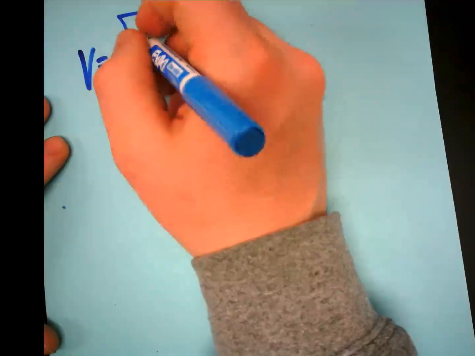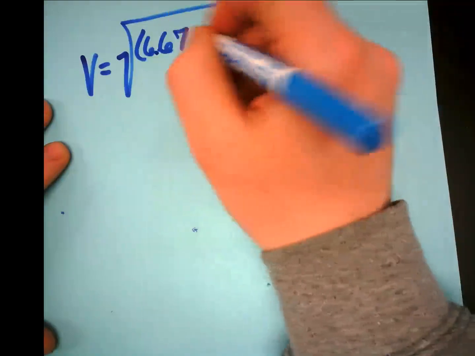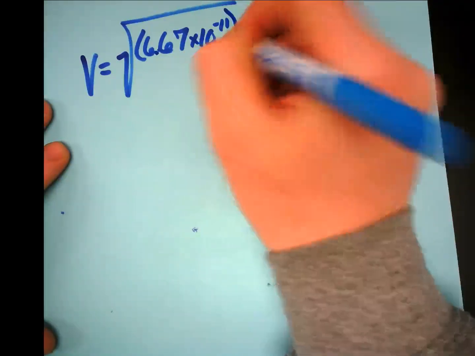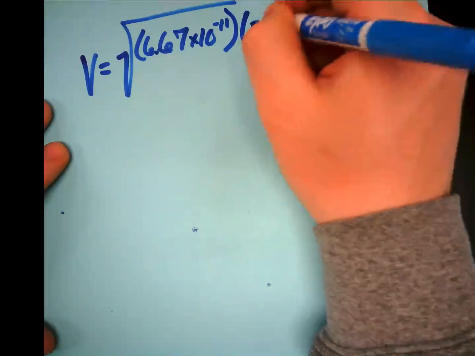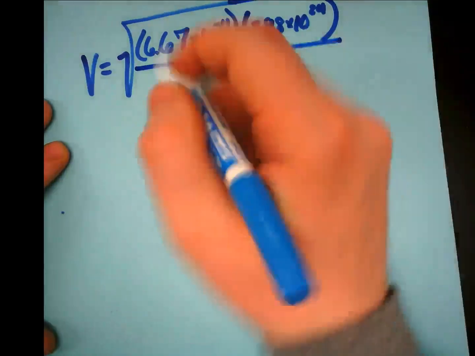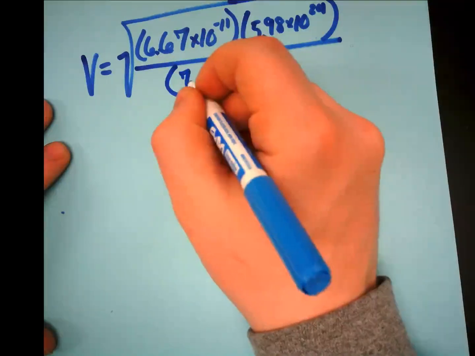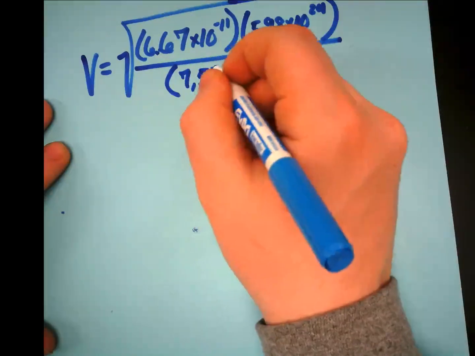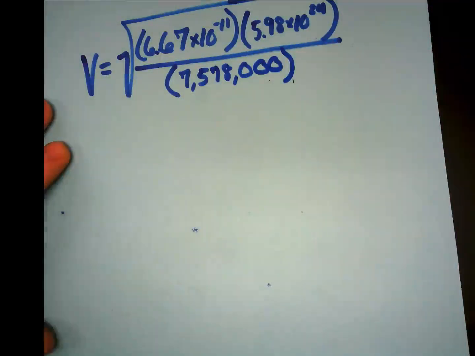V is going to be equal to the square root of 6.67 times 10 to the negative 11th power times the mass of the Earth, which is 5.98 times 10 to the 24th kilograms, all divided by the radius that we found, 7,578,000 meters. Okay.